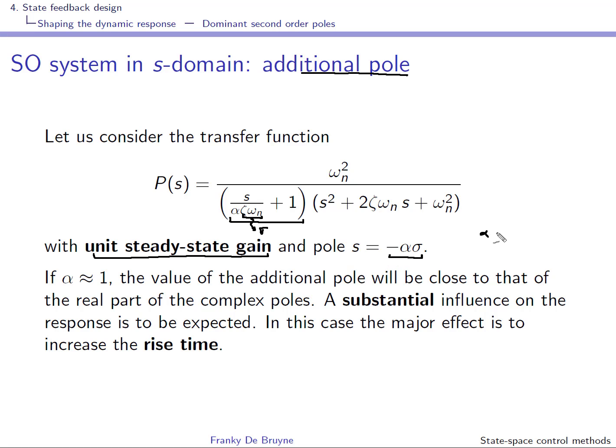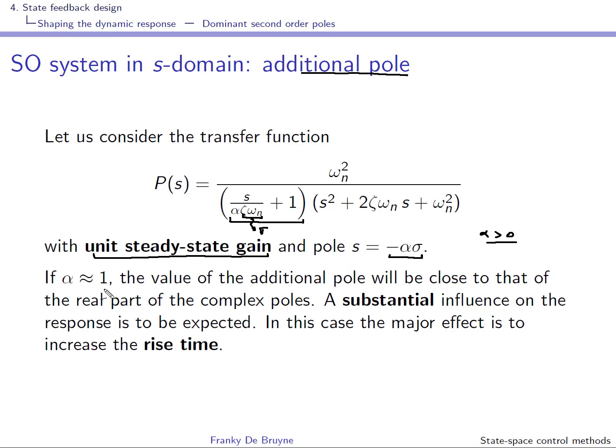Of course, here we only consider alpha positive because we only consider transfer functions that are stable. You can see that when alpha is very large, this pole is going to be so fast that there will be hardly any effect on the step response.